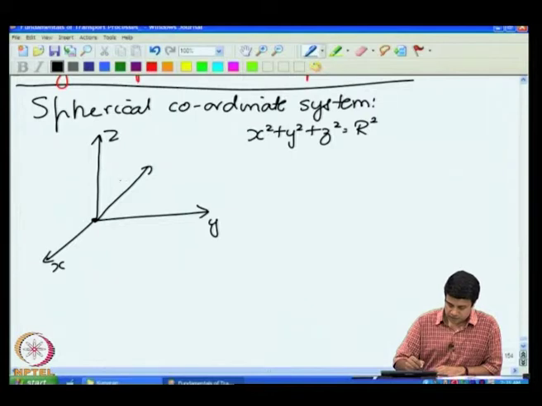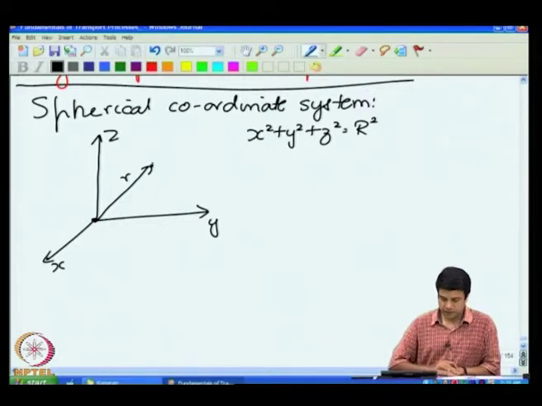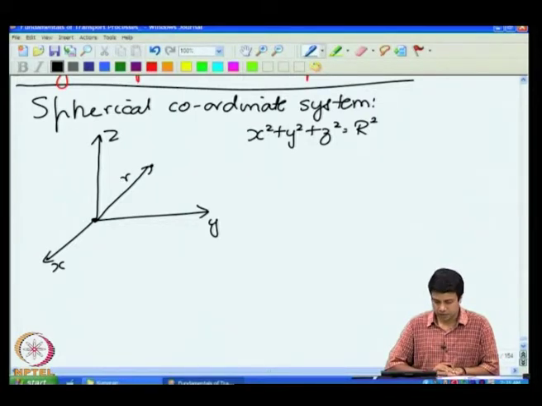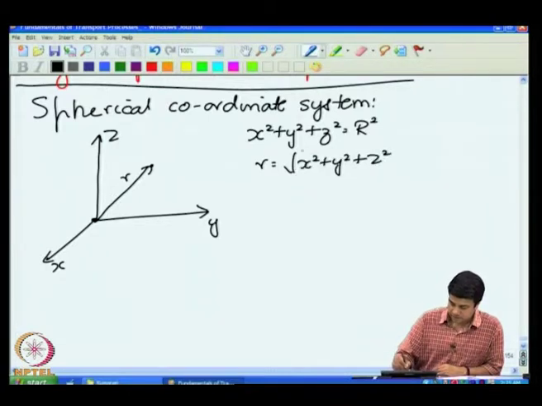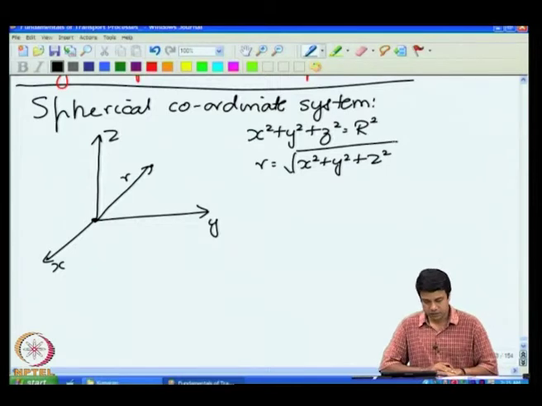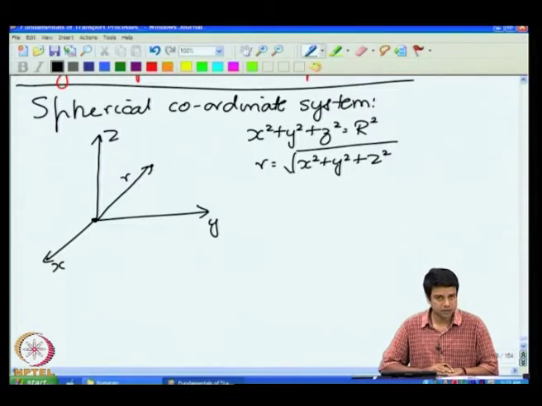The distance of a point from the origin is the distance r. That is one coordinate in this. So, r is equal to the square root of x squared plus y squared plus z squared. I had x, y and z in the Cartesian coordinate system. I similarly need 3 coordinates in the spherical coordinate system. Traditionally, r is defined as the distance from the center.